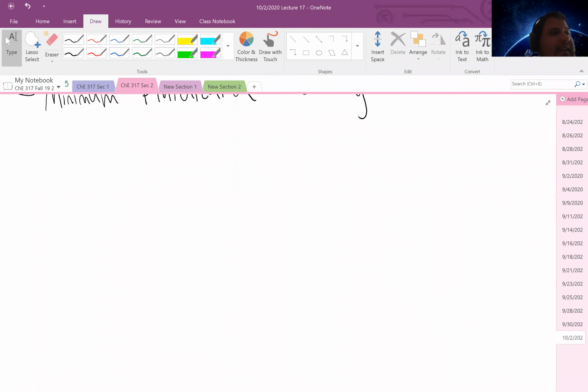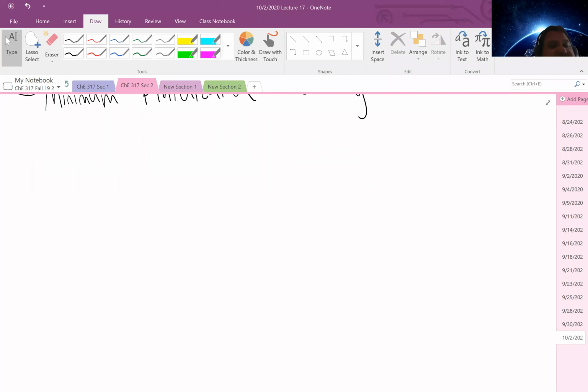And for a given system, we find that our minimum fluidization velocity is a direct function of combining our Ergun equation with what we see in our momentum balance expression.